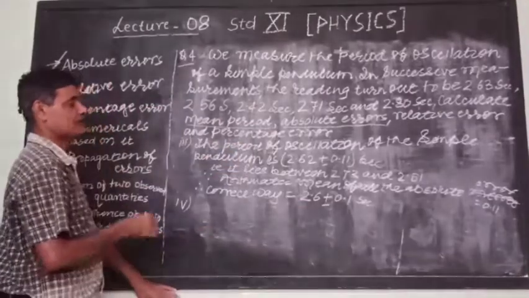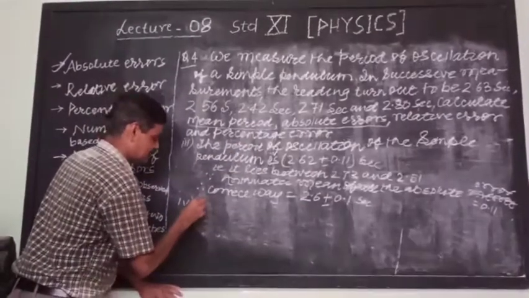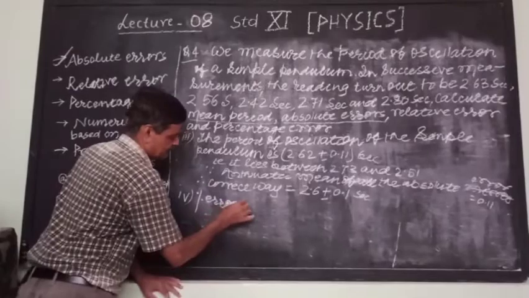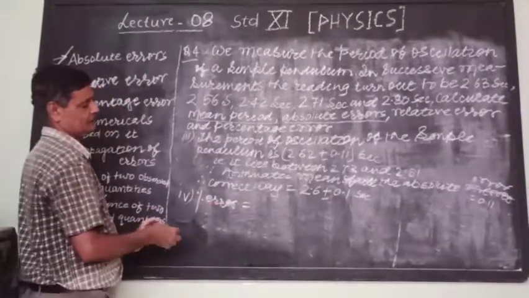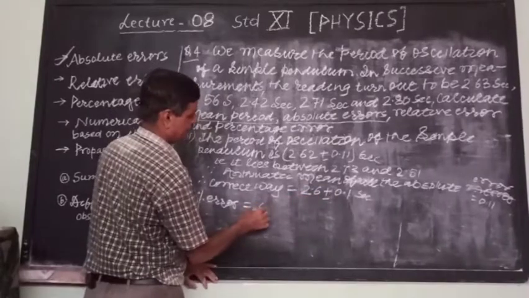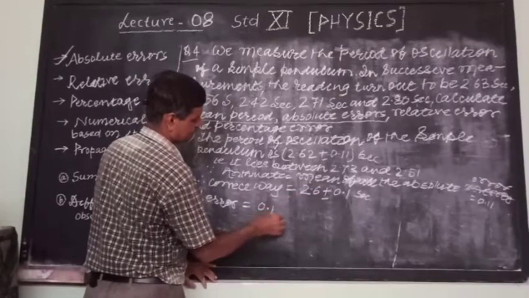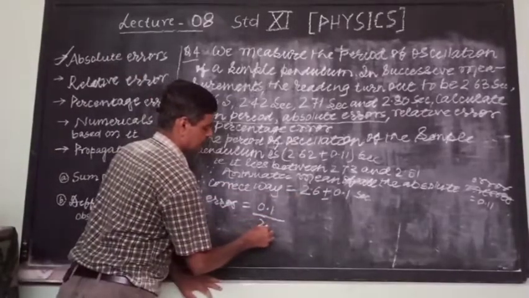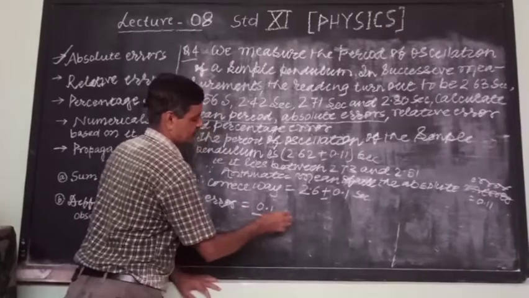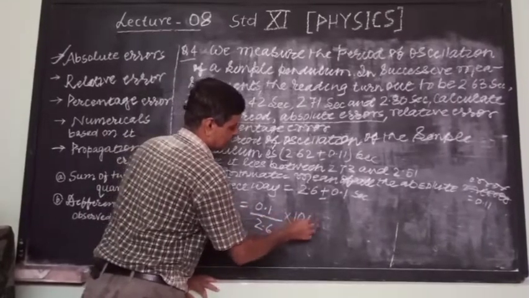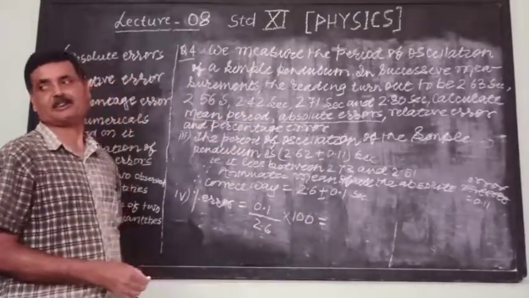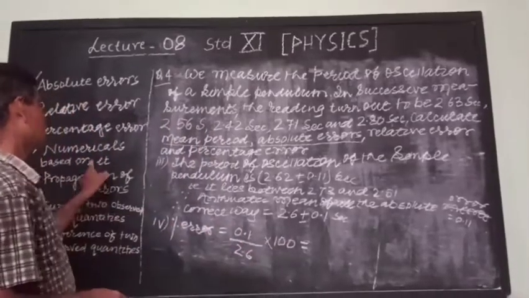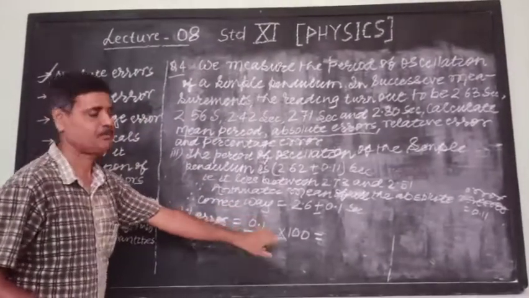And last is your percentage error. Fourth is the shortcut way for percentage error. A very simple formula: 0.1 by 2.6, just the relative error multiplied by 100. It will be your percentage error. This by this into 100. This will be your relative error multiplied by 100.